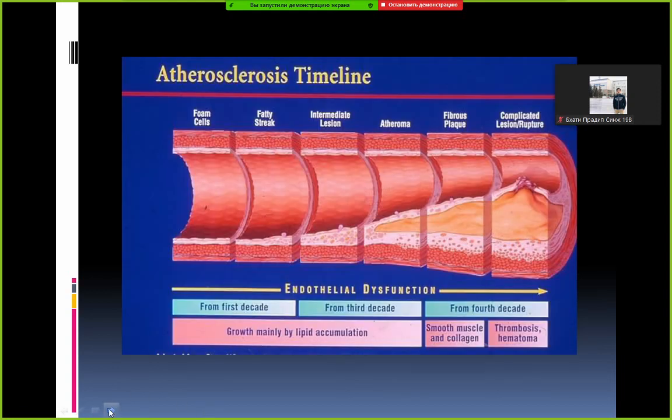So this picture illustrates atherosclerosis timeline from fatty streaks up to formation of fibrous plaque and complicated lesion of the plaque, it means rupture of the plaque with thrombus formation.